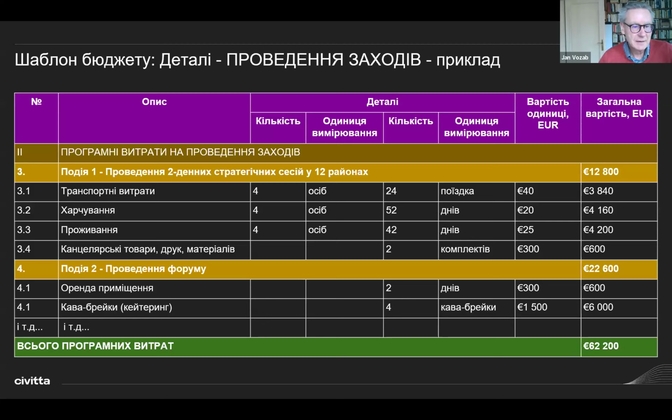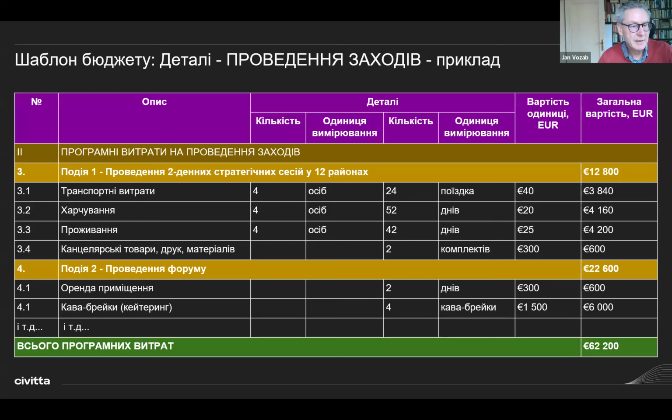And again, this is for personal costs for 4 people, and now these are numbers which are calculated for all the people for all 12 rayons, and calculation of unit costs and costs together for each activity.